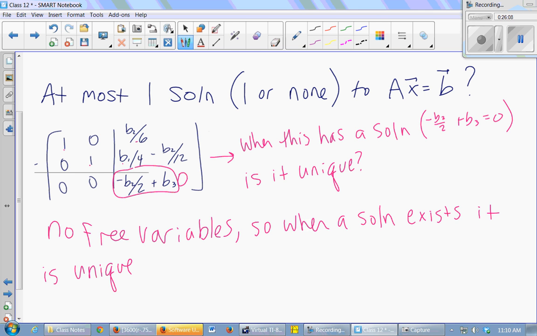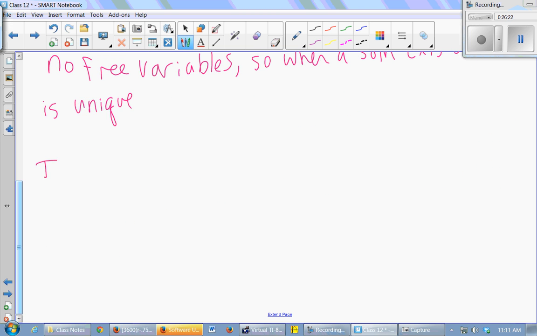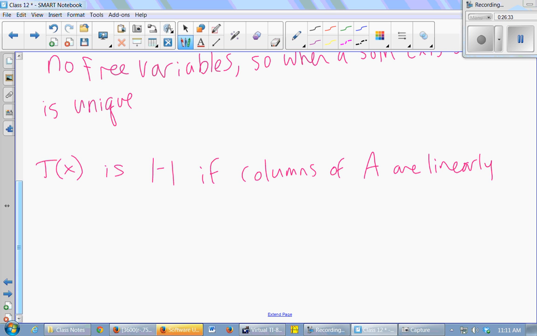Okay, so what other thing have we studied that you can answer by saying whether or not it has free variables? Independence, yeah. So we know that T of X is 1-to-1 if the columns of A are linearly independent.